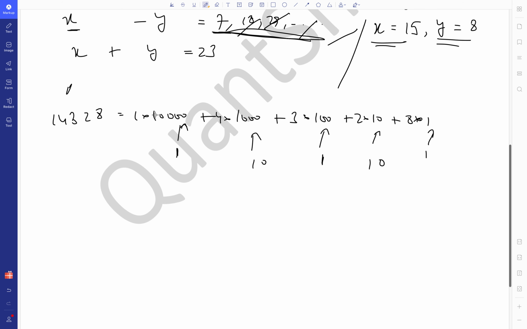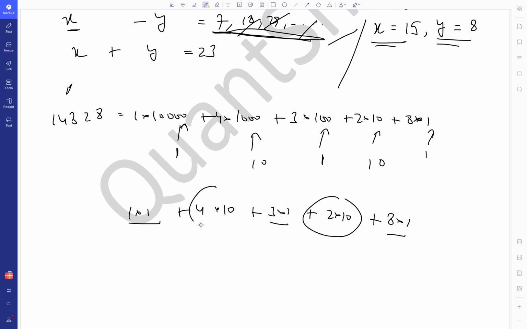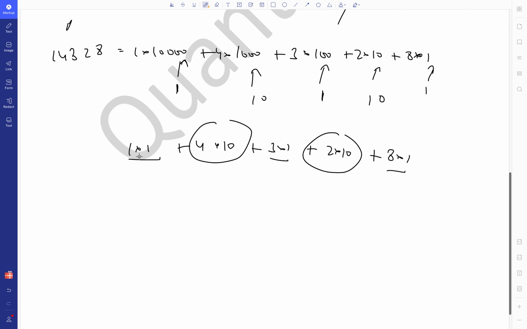So what is the remainder of 14328 with 33? You can write it thus. You can write it as 1 into 1 plus 4 into 10 plus 3 into 1 plus 2 into 10 plus 8 into 1. Again, these odd position digits are getting multiplied by 1, while these are getting multiplied by 10. Okay. So what is the remainder?